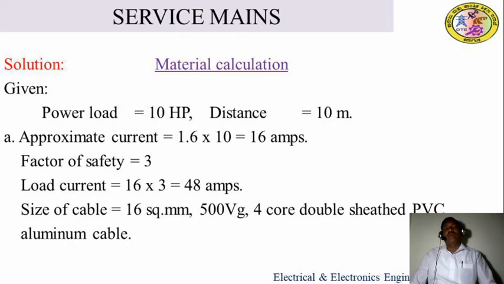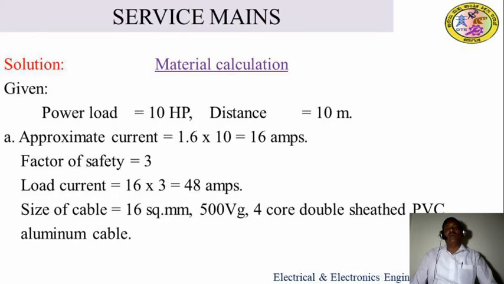But when only the load is given, and voltage, efficiency and power factor are not mentioned, in such a case you can also calculate directly. Why? Because for the given load, if you multiply by 1.6, you get 16 amps, which is the approximate current.